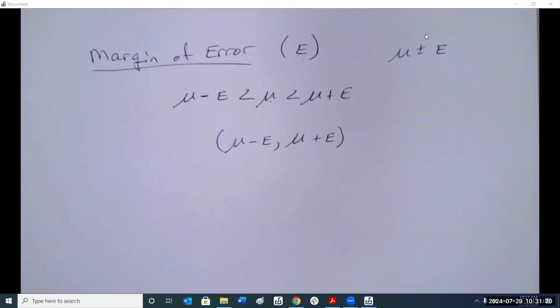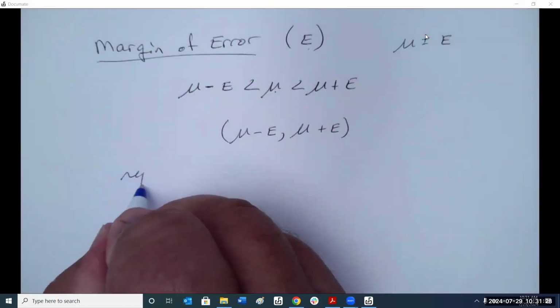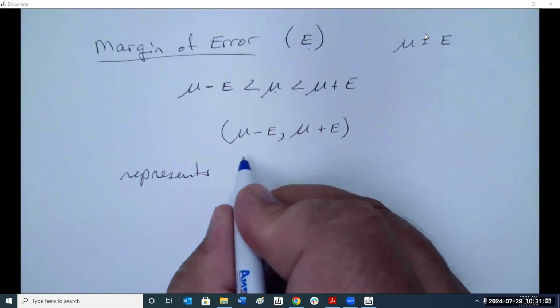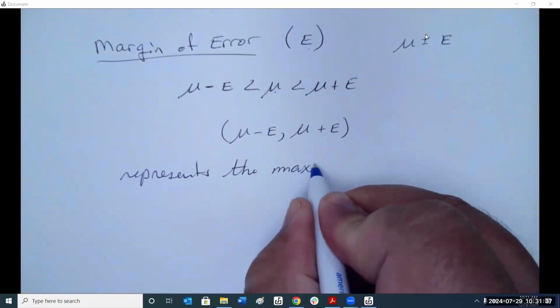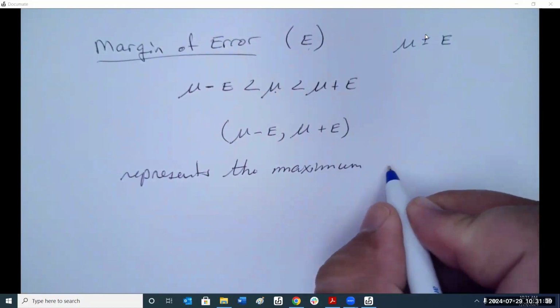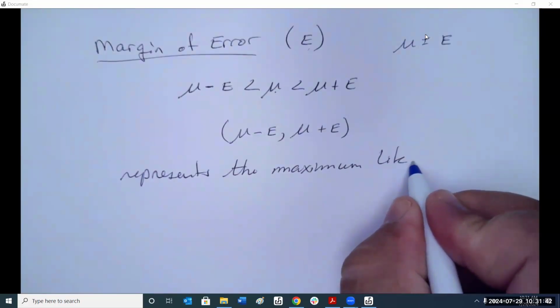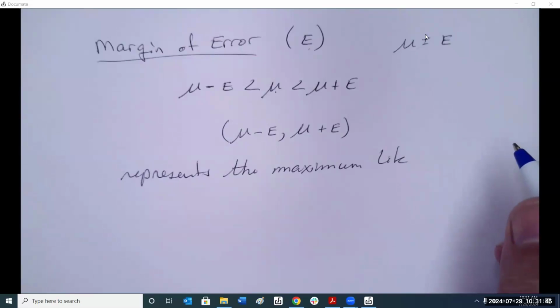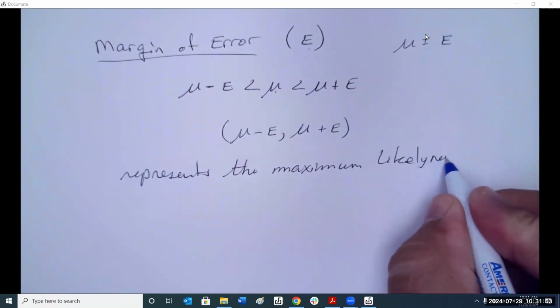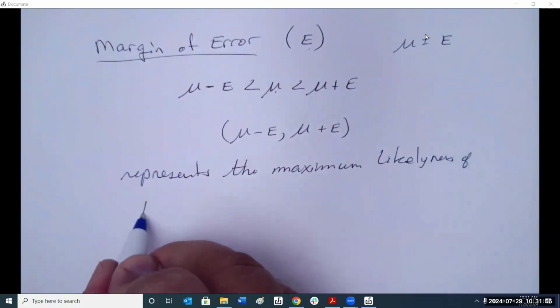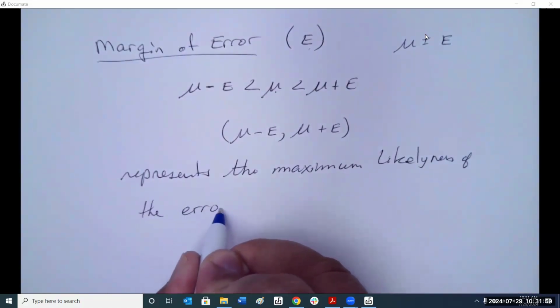Remember, we're estimating a population from the sample. And it represents the maximum likeliness of the error amount.